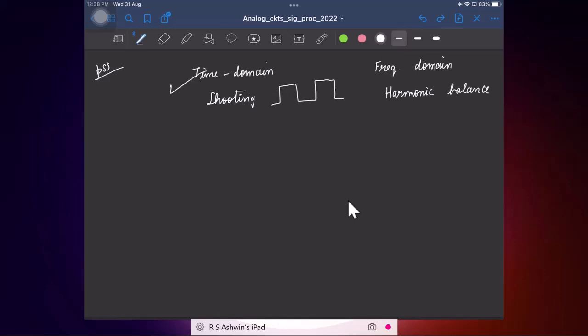Great. And the way shooting finds the periodic operating point is this. So let's say this is my time axis. I know that in steady state, in the circuit, all the voltages vary periodically with time, right? So let's say this is time instant 0 and Ts. The voltage at these two time instants must be equal in steady state.